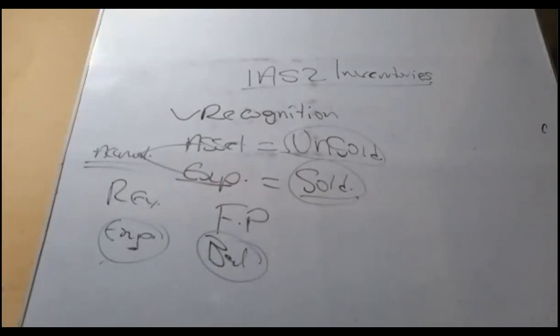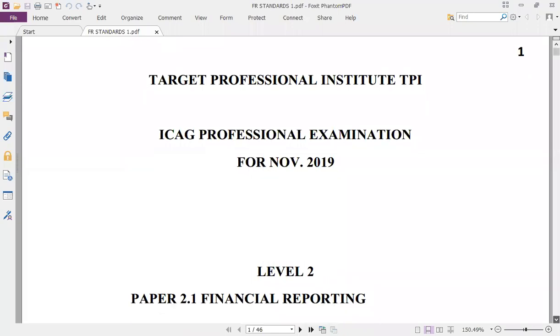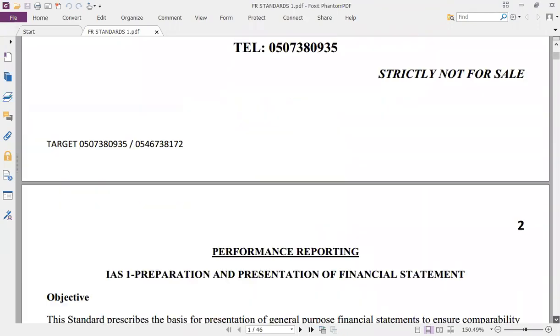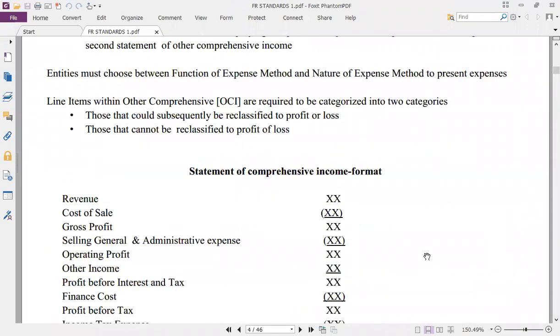Now let's see our questions. Question time, understanding time. IAS 1 we will not do here; we will do it on its own under publication.